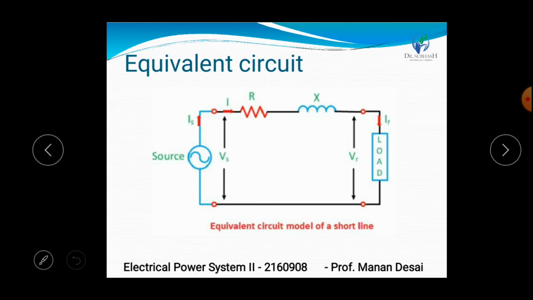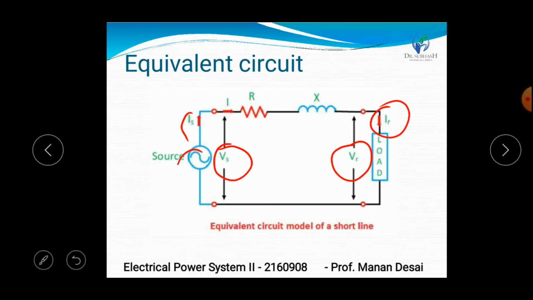In this figure, this is the equivalent circuit of a short transmission line. There are four main parts: sending end voltage Vs, sending end current Is, receiving end voltage VR, and receiving end current IR.